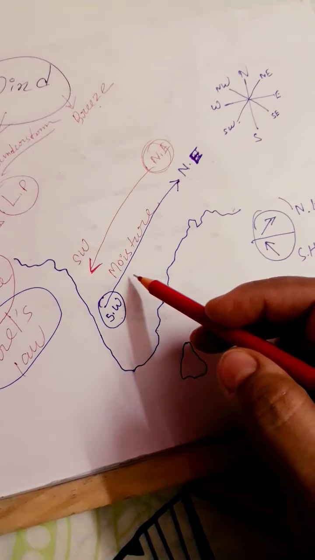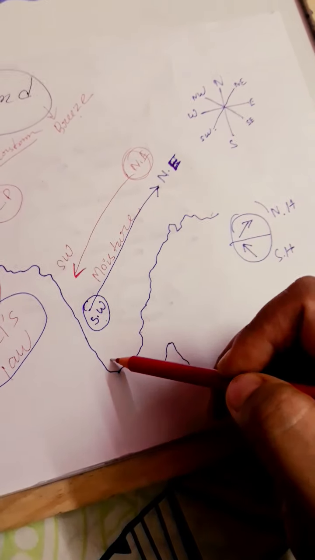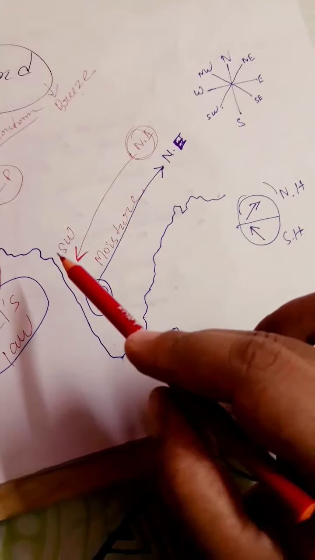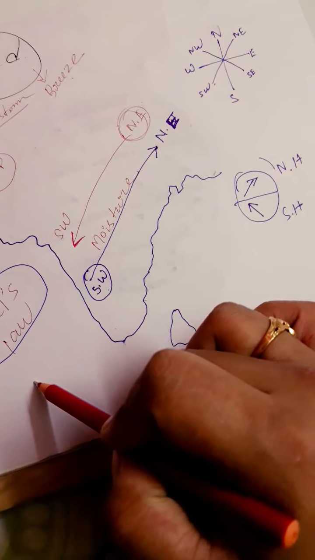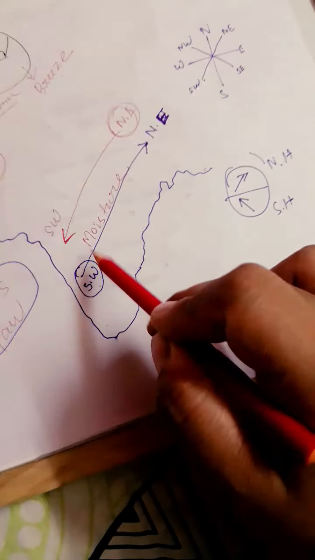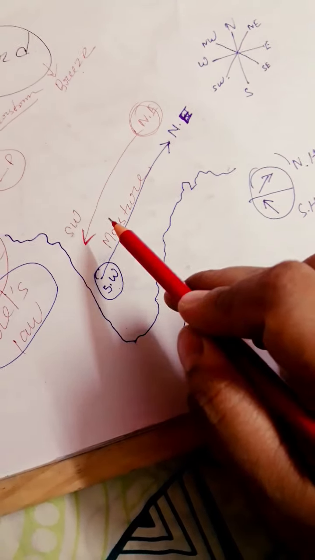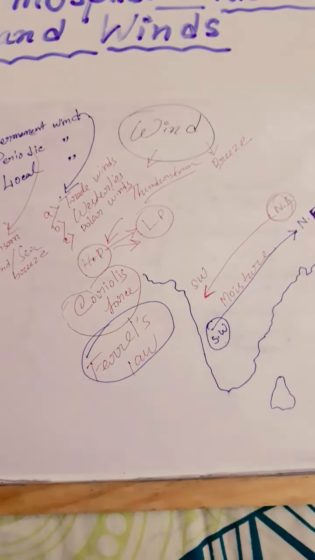I have drawn this line within our Indian subcontinent, but if we follow the world map, we can see that when the southwestern winds reach the Indian subcontinent, then in our part of the country we feel the monsoon season or rainy season.